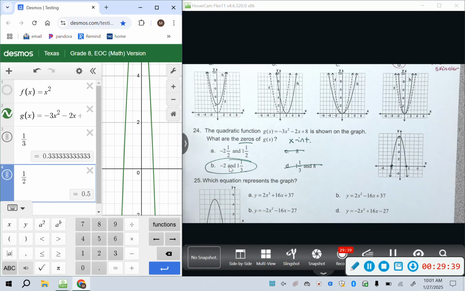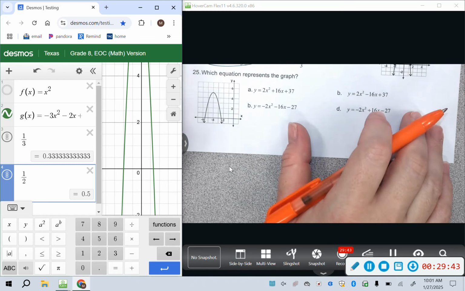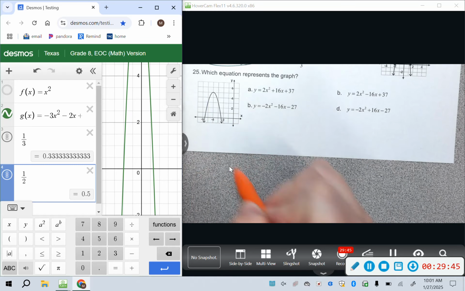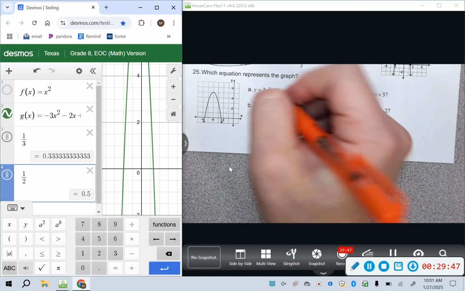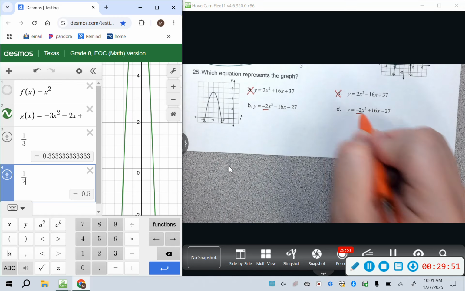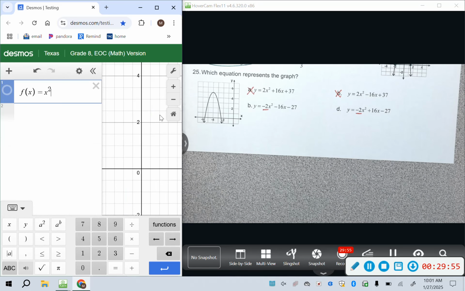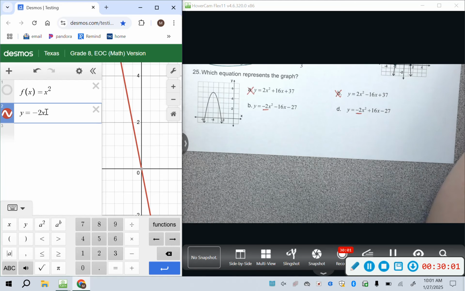Last but not least, number 25. It says, which equation best represents the graph? First off, I know it's open downward, so it has to be a negative. So we can cross off A and B, because remember, A is the same even in standard form. I'm going to cancel these, and I'm going to type one of those in. So y equals negative 2x squared minus 16x minus 27.